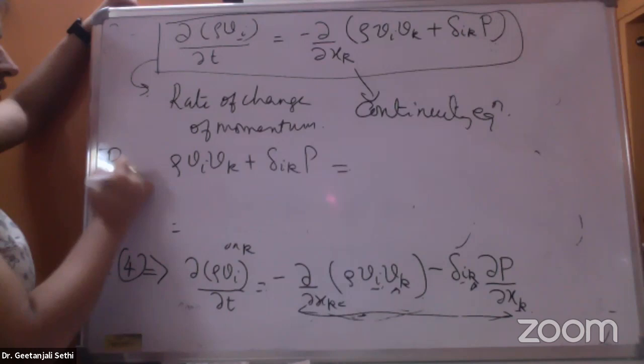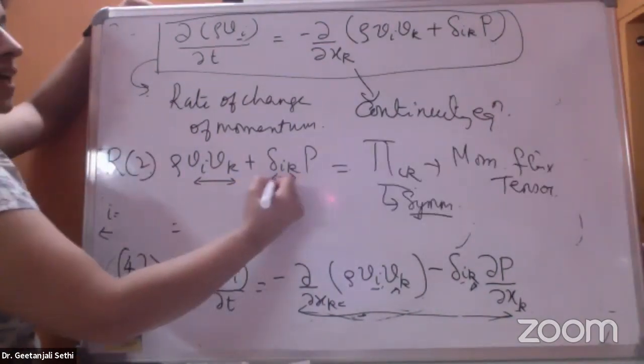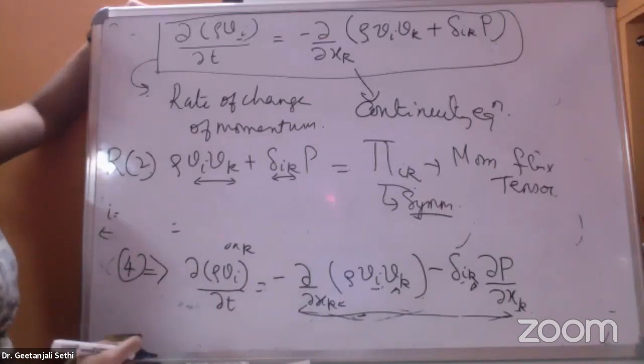I call it momentum flux tensor. Why? Because Vi Vk is a symmetric term and delta ik, the Kronecker delta, is a symmetric tensor. Right?